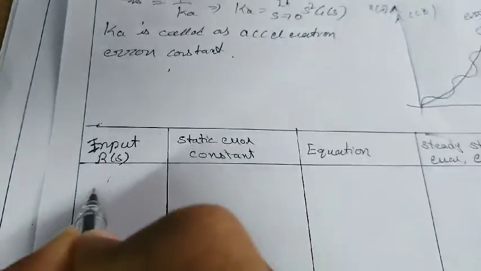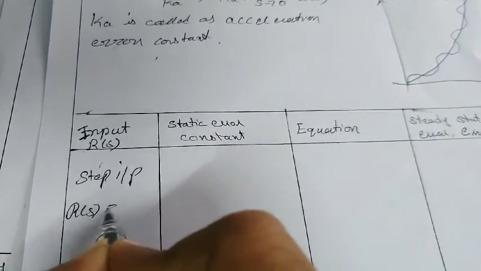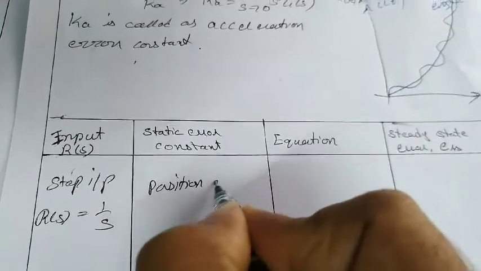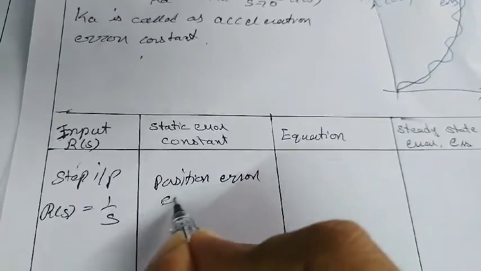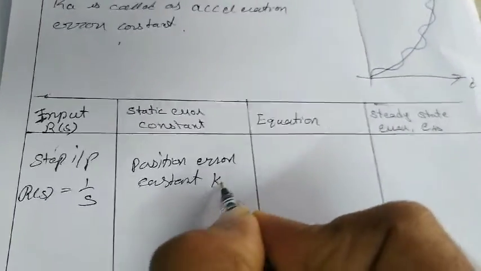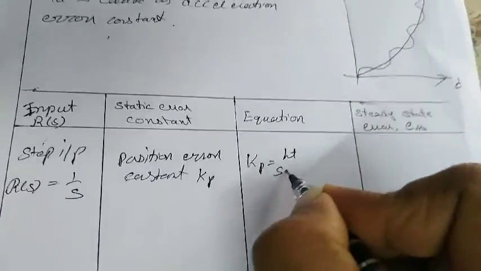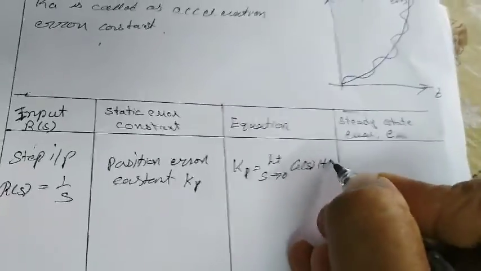So let's go through all the error constants for various types of inputs which we have done previously. First of all, I'll take the step input. So my R of s is 1 by s, and the static error constant I'll get is the positional error constant Kp, and the equation of Kp is limit s tends to 0, g of s h of s.